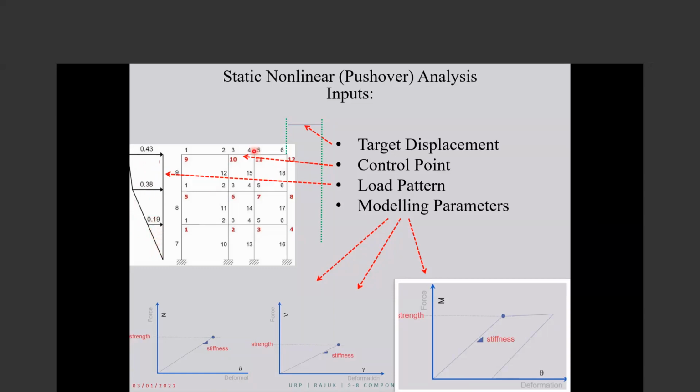Naturally, if you push a building to the same target displacement but with different load distributions, you get different results. With one load distribution, you get damages here. With another load distribution, you get damages there. So load distribution is very effective on the damage distribution and response distribution.